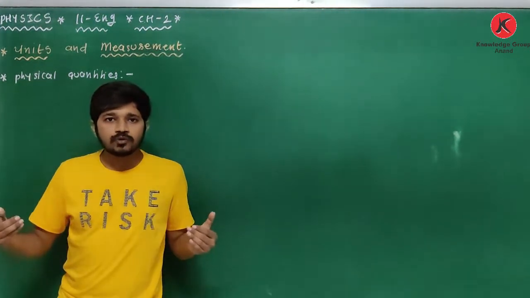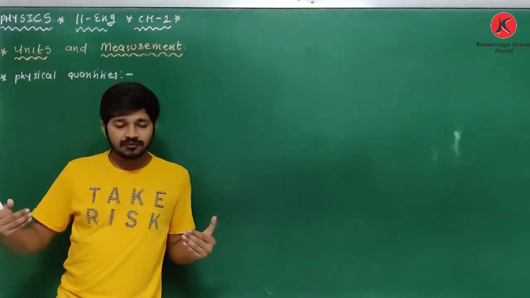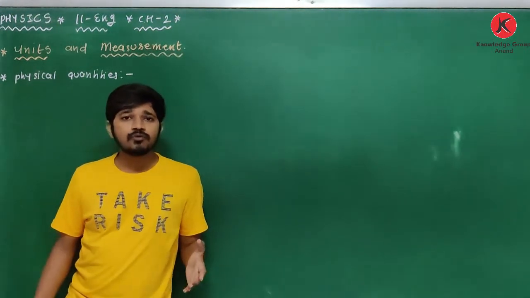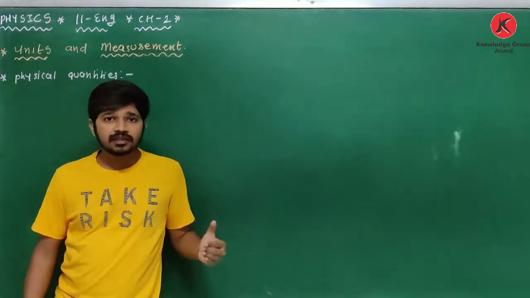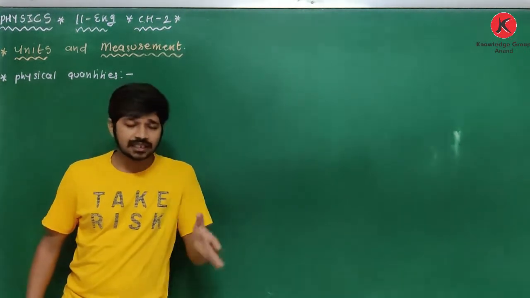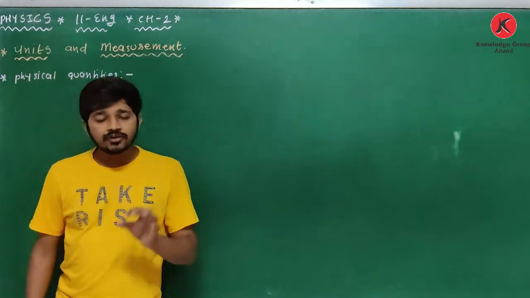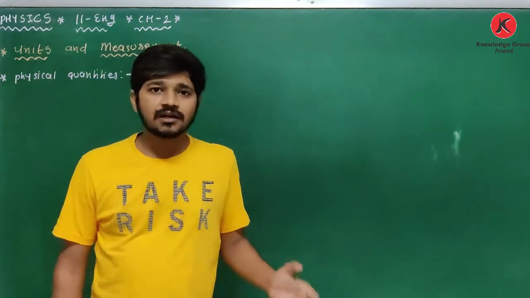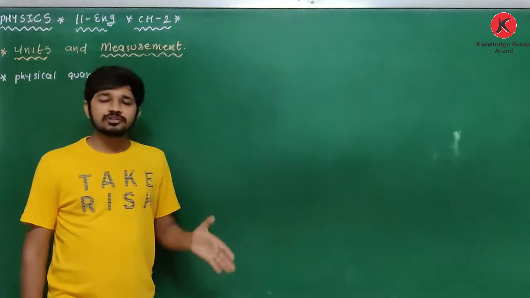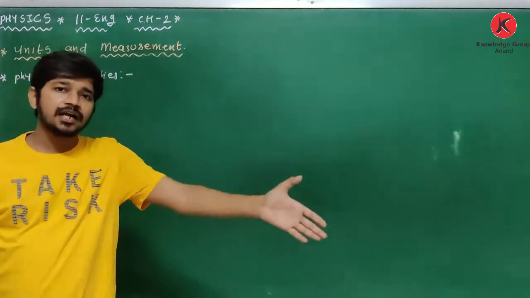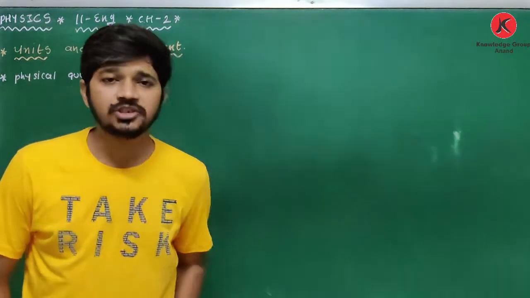If you want to study a person, then you have to find his height, his mass, his color, etc. So height, mass, color are properties related to that person, related to that object.